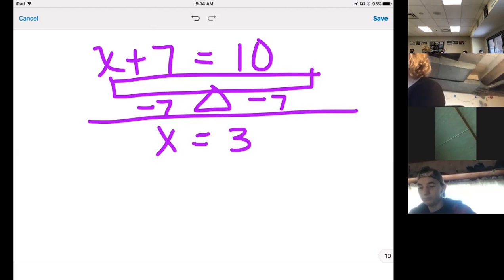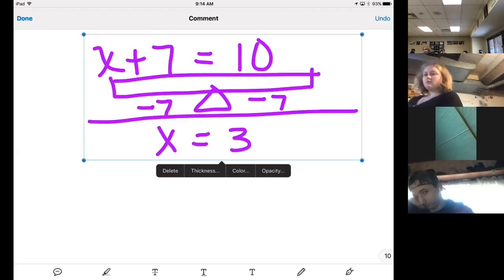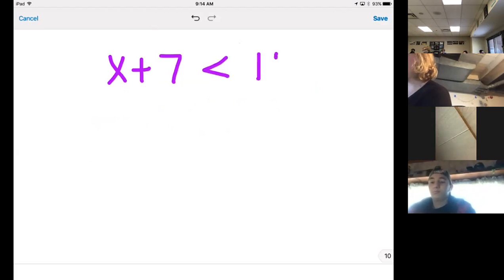Okay? Now why am I bringing that up? Because that was like months ago. Well, what about inequalities? Let's say I have x plus 7 is less than 10. So whatever x is, we know that when we add it to 7, that number is going to be less than 10.